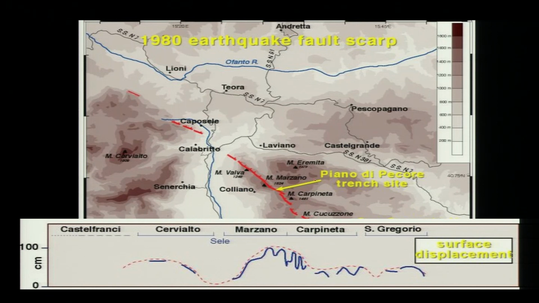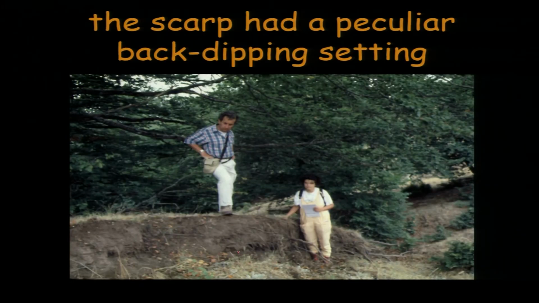So, these are the two locations shown here which show maximum displacement during the 1980 Irpinian earthquake. This was the scarp, a very beautiful clear scarp in young deposits, where this surface and this surface were the same before the event, and which got displaced.